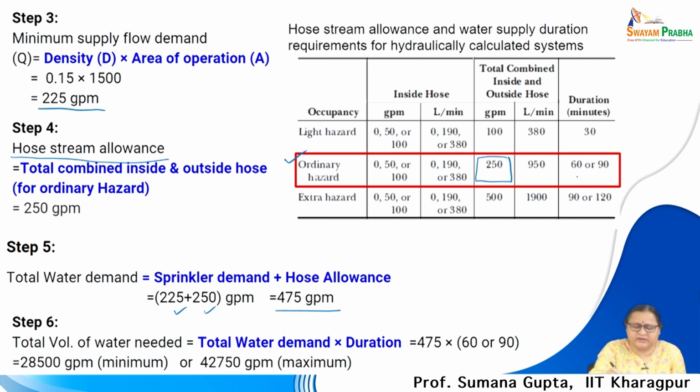So, my water demand will be, this is per minute, and this when multiplied with my total duration of 60 minutes which is minimum and 90 minutes which is maximum will give me my total water requirement of so many gallons. So, if I want to make a safe design or a higher side design, we need so many gallons of water.